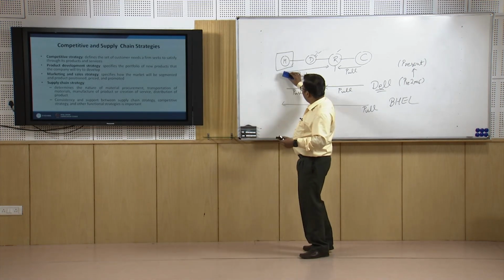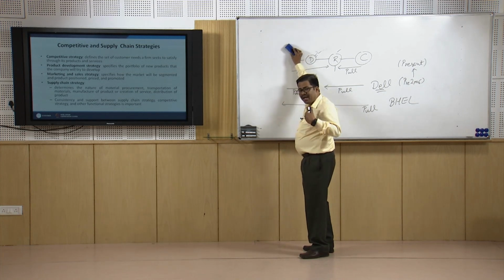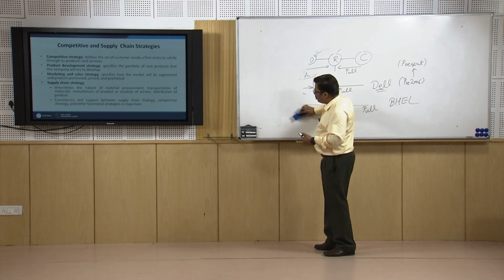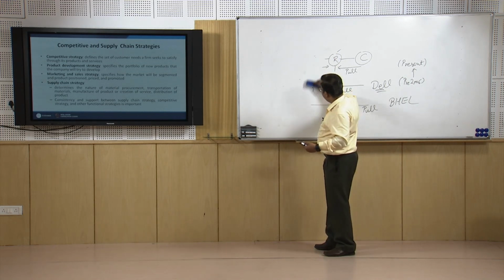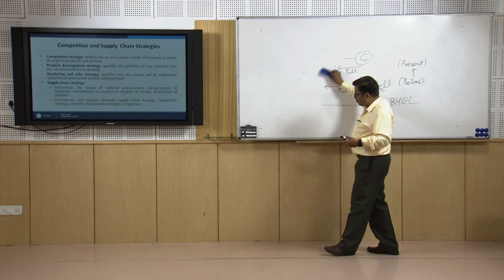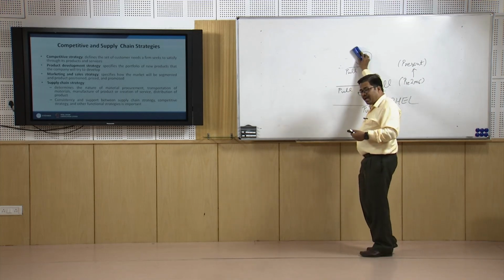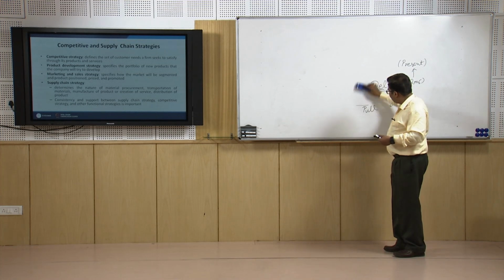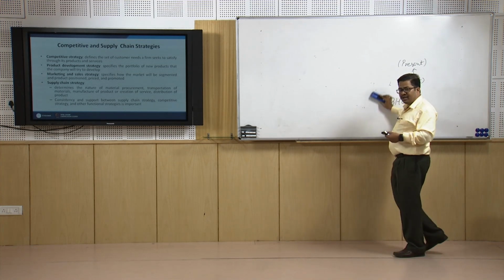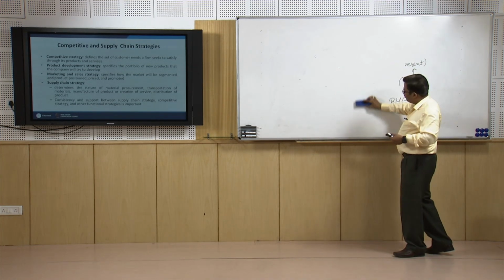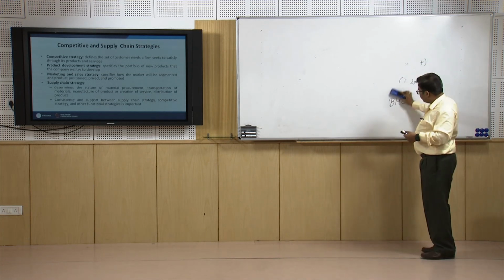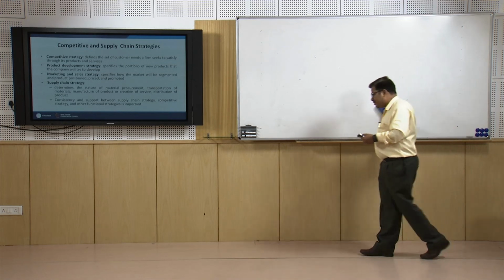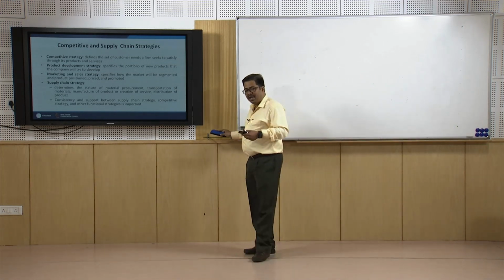Silos means if I am in the marketing department, I normally had no communication with my product development department. If I am in the product development department, I had no communication with my production department. If I am in the production department, I had no communication with my HR department. So, we used to live in silos earlier, but nowadays it is not possible to live in silos.